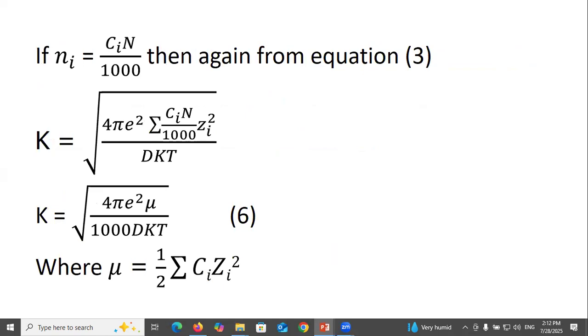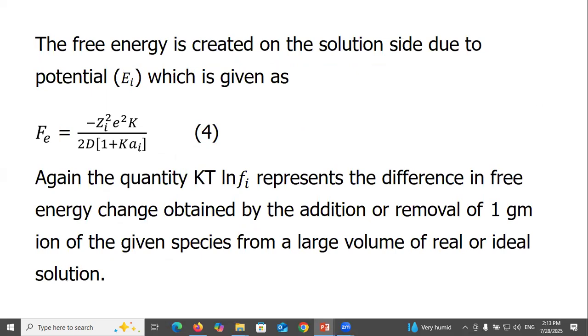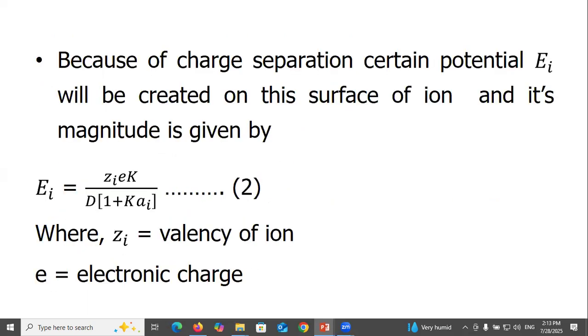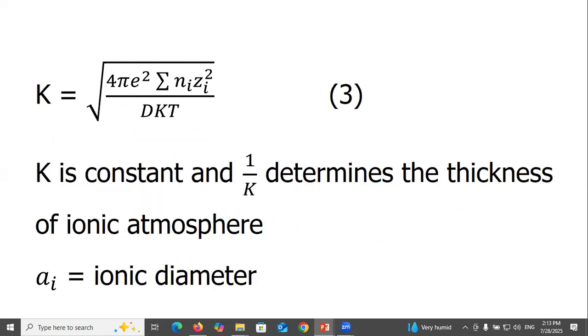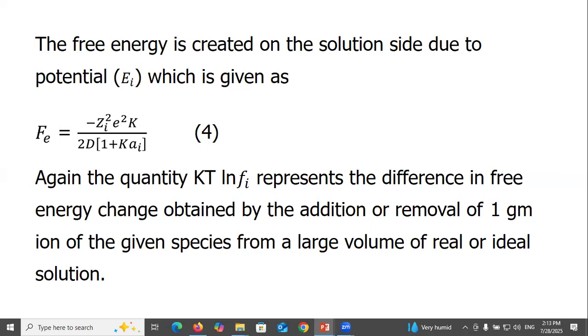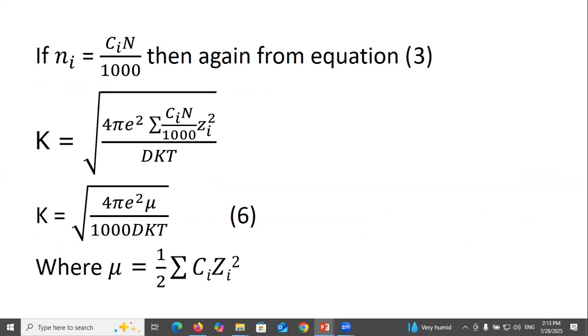If ni equals Ci N over 1000, then again from equation 3, K equals root over, we have substituted the value of ni in equation 3 by Ci N over 1000.